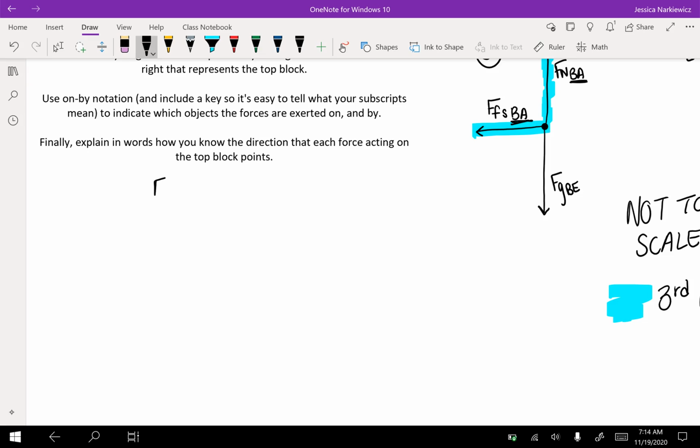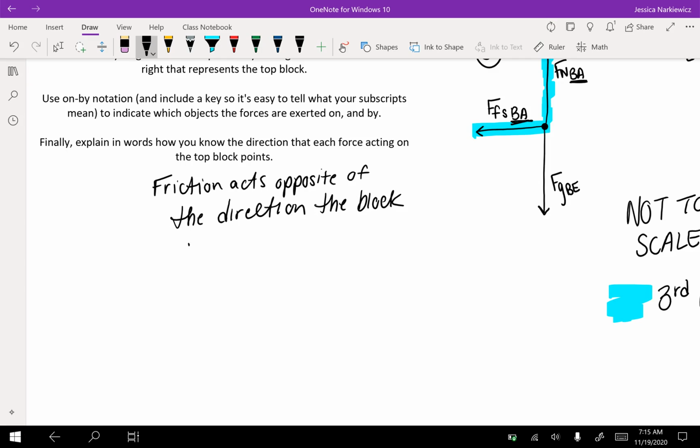So like I said, friction acts opposite the direction the block would slide.